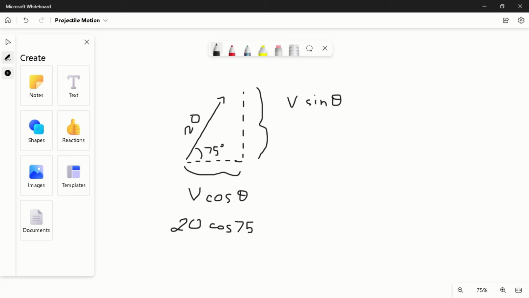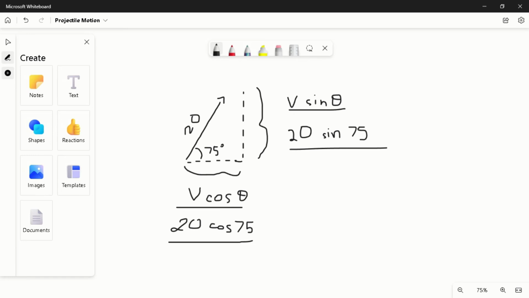So for this specific example, it would be 20 times sine of 75. To recap, this is our horizontal velocity, this is our vertical velocity, and this would be our velocity combined in both directions.